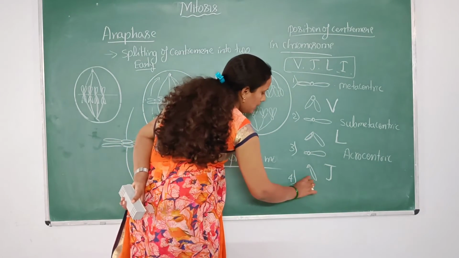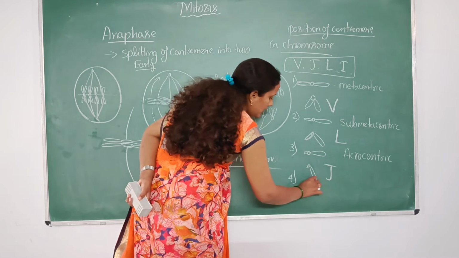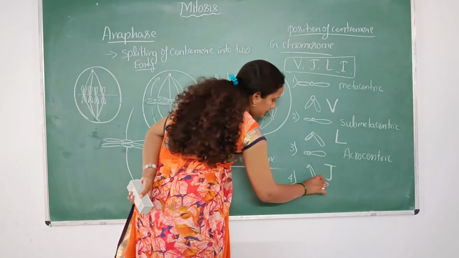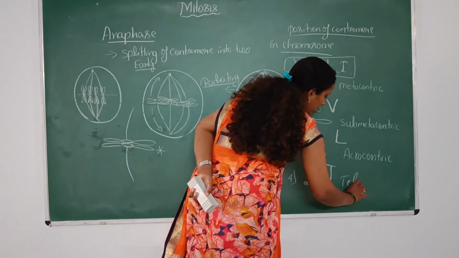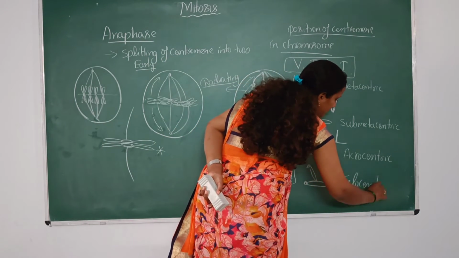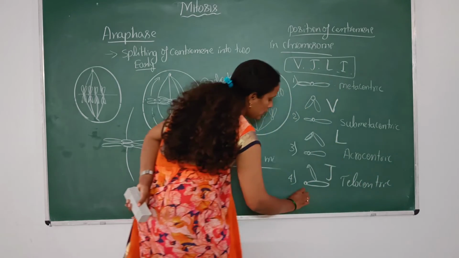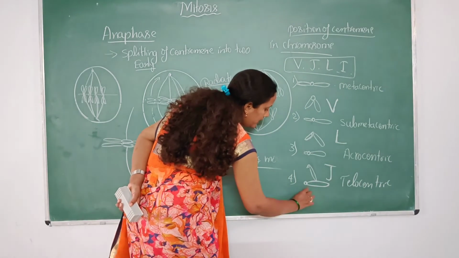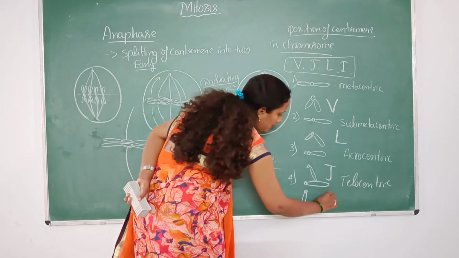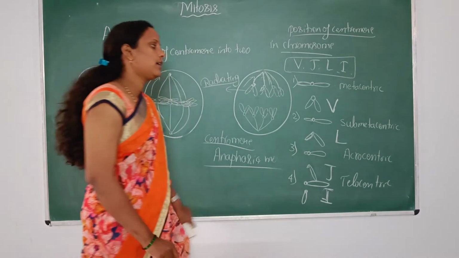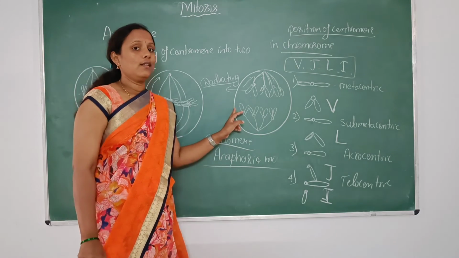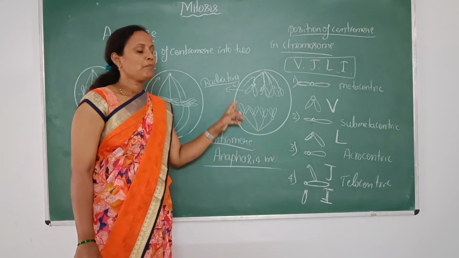And the fourth type, if the centromere is present at the end of the chromatid, like this, then it is called telocentric. During the movement of a telocentric chromosome in the anaphase, it appears in I shape. So these are the different shapes which are seen during the anaphasic movement.